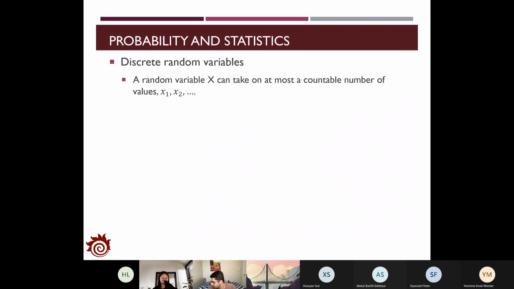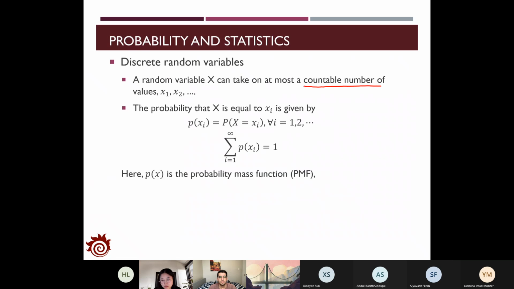If it's a discrete random variable, it means that you will have a countable number of values, say x1, x2, x3. It could be measured. You know how many possible values. And the probability of x equals the chance for you to get the value from the whole population.